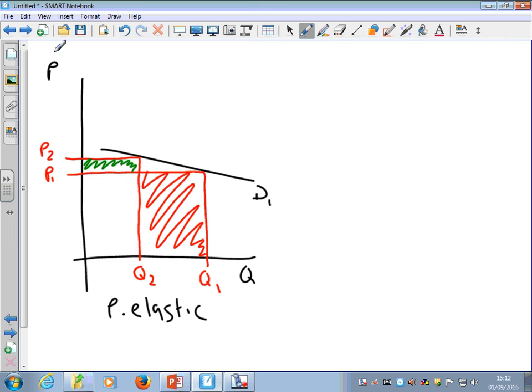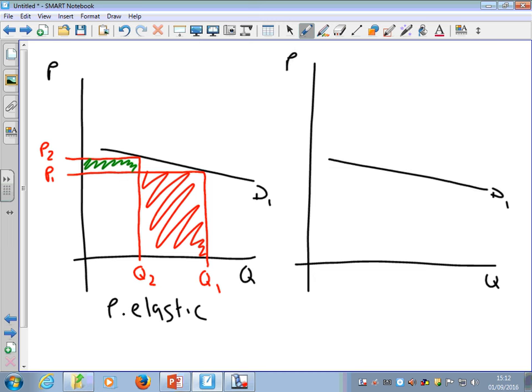Okay, now think about the opposite. So again, demand's going to be price elastic. Think about what this firm should do and why it should do it now. We start off at P1, Q1. Remember, this box is the revenue. If they put price down a teeny weeny bit, demand will shoot up massively. Okay, so look what happens now. At the lower price, they lose that revenue that they would have earned on some of their customers.